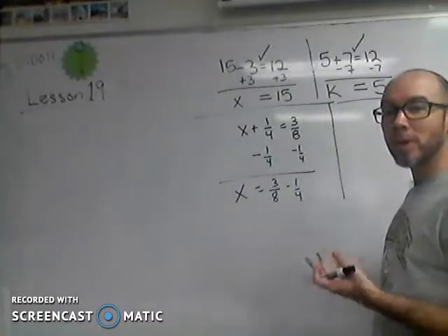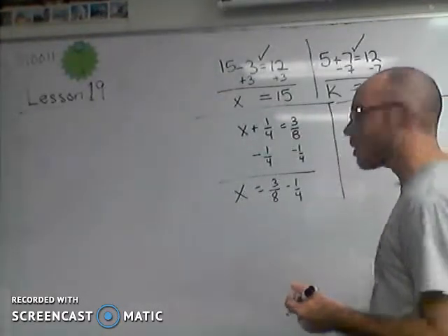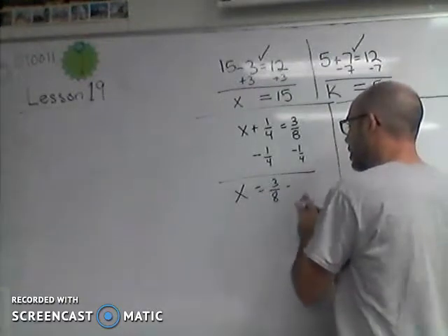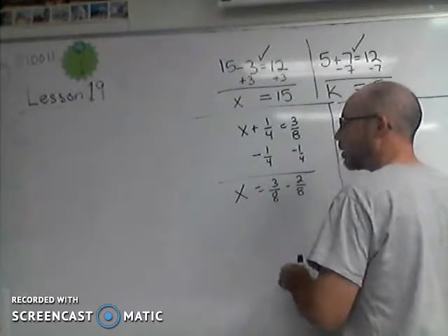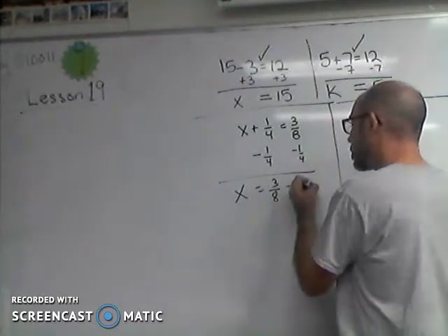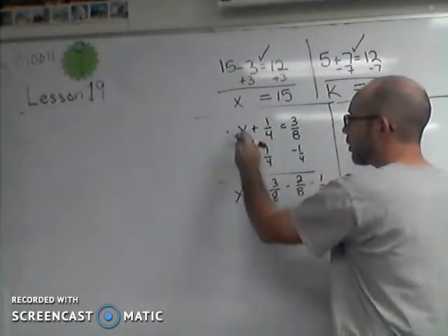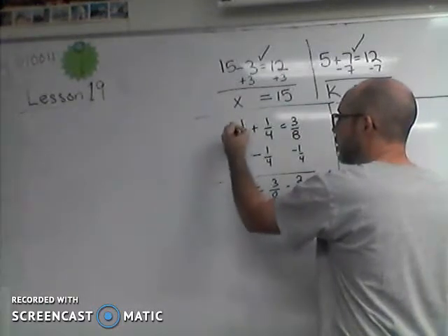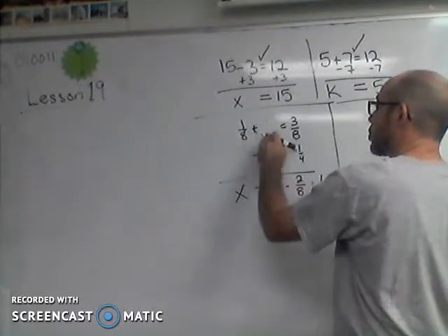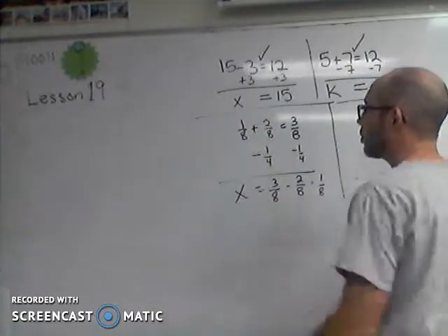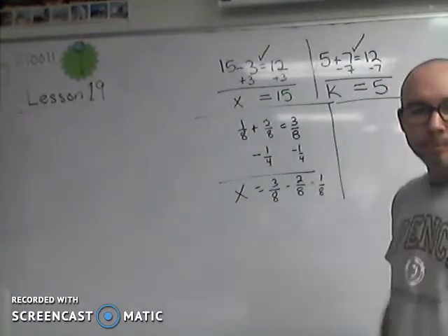But let's just make 1/4 into an eighths type of problem. 1/4 is the same thing as 2/8. So 3/8 minus 2/8 equals 1/8. We can verify that by going back into here and seeing that 1/8 and 1/4 equals 3/8. That's true because 1/4 is 2/8 and 1 plus 2 is 3.